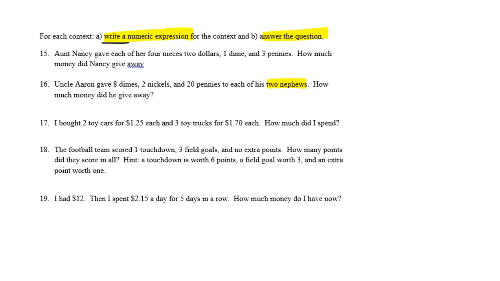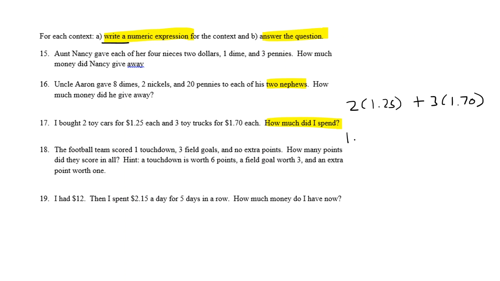Okay, on the next one, I am going to come up with a situation that you could use. And if you want to use something different than what I use, that's okay, as long as it works. So I bought 2 toy cars for $1.25 each and 3 toy trucks for $1.70 each. How much did I spend? Okay, so one way you could write this is 2 toy cars for $1.25 each, and then 3 toy trucks for $1.70 each, so that would work.